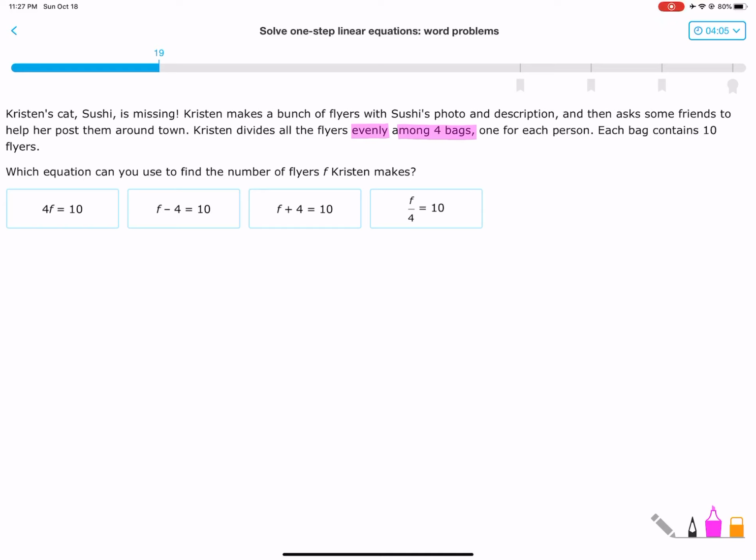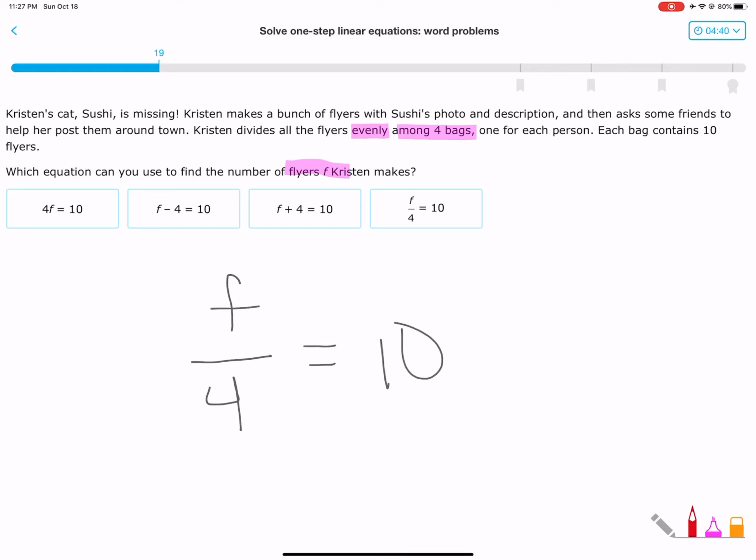Okay? So if F represents the number of flyers, then flyers divided by 4 bags equals 10.